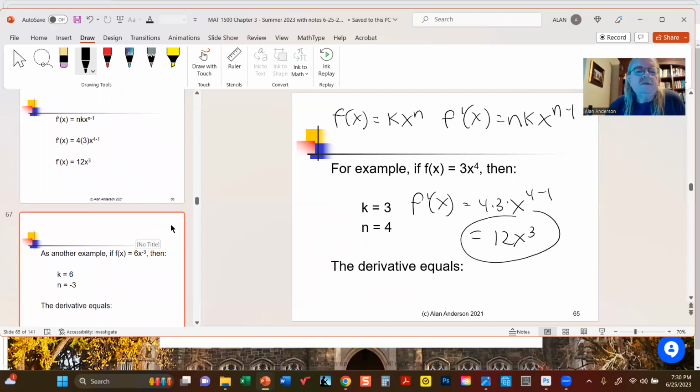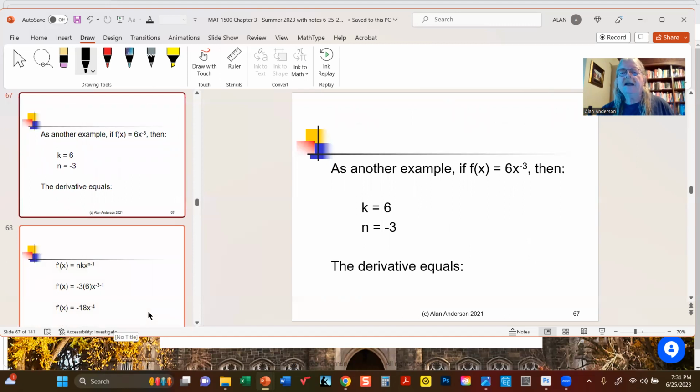All right. So how about this one? Now, it can get a little messy when our exponent isn't a positive integer, but the rule never changes. So let's look at another one. How about 6x to the minus 3?